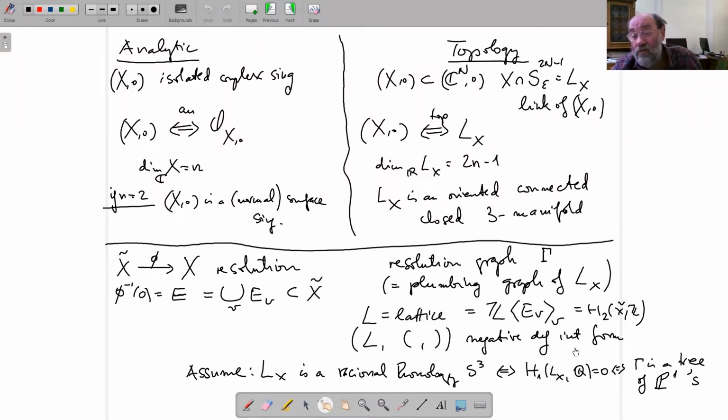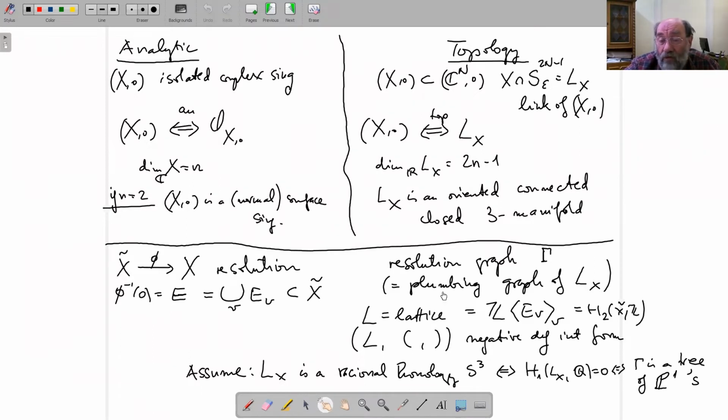In general, the determinant is not plus minus 1, but it's non-degenerate. And in this talk, I will assume that the link is a rational homology sphere. That means that the first Betti number is 0, or H_1 over Z is finite.